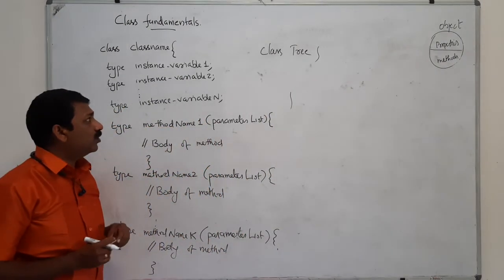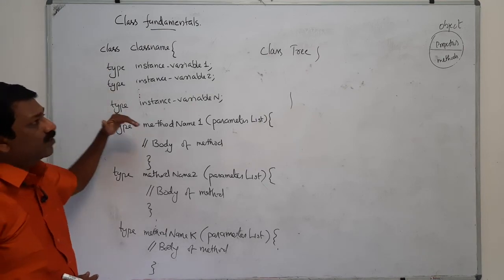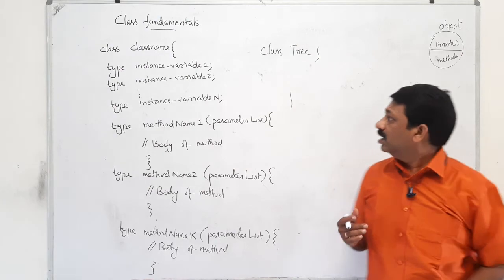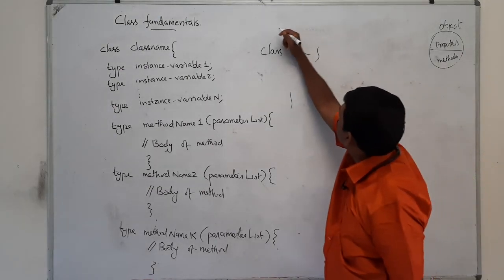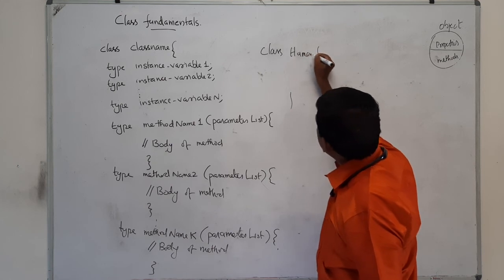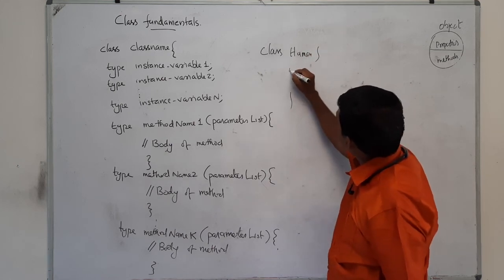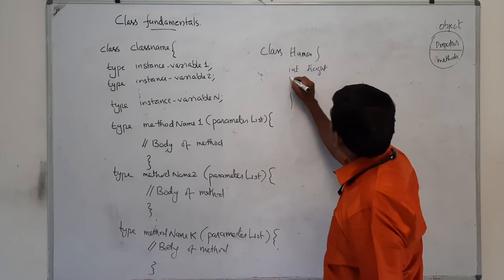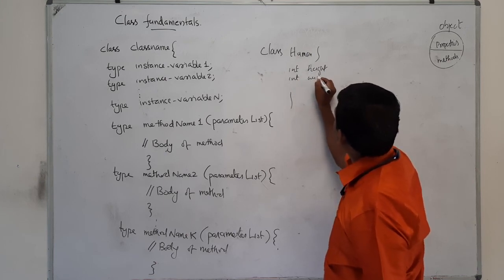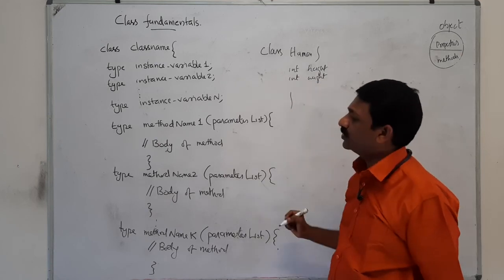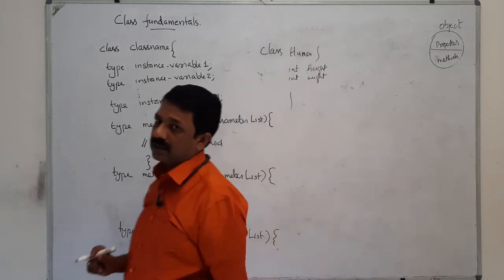In that body, initially you have a set of properties. Suppose the class is Human, then int height, int weight, and other properties. Those properties you can write here.